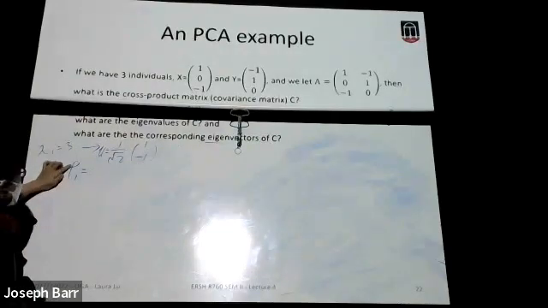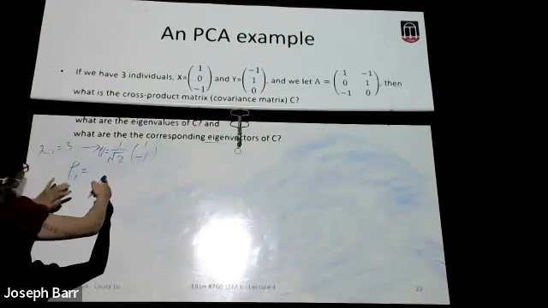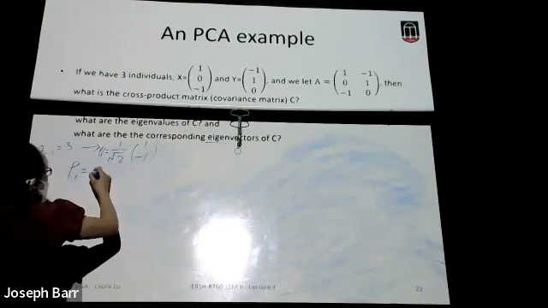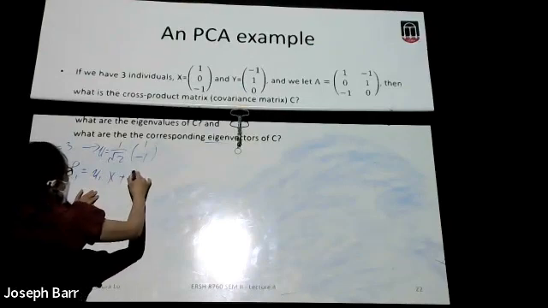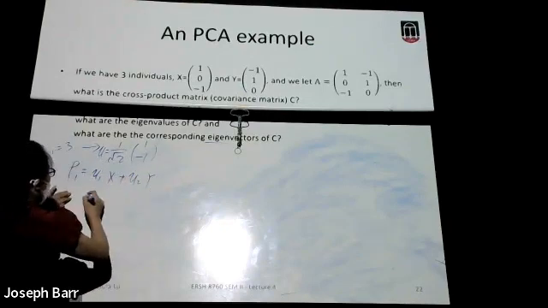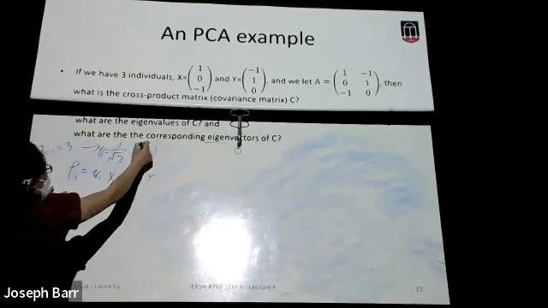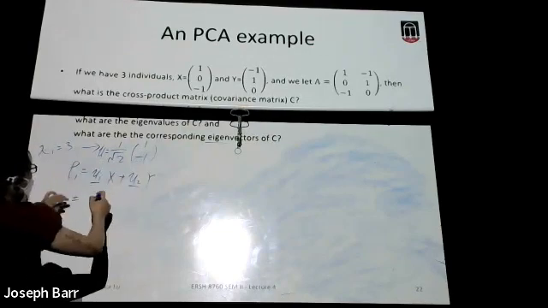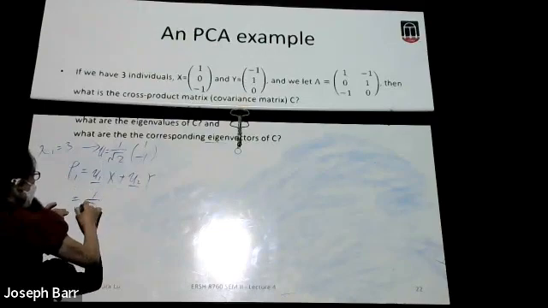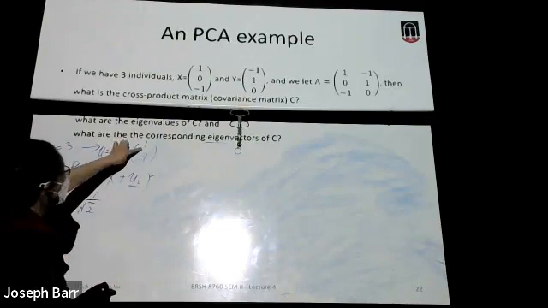So the P1 is combined from x and y by using the u here. So it should be u1 times x plus u2 times y. u1 here, u2 here. Okay. So u1, we have the first component 1.